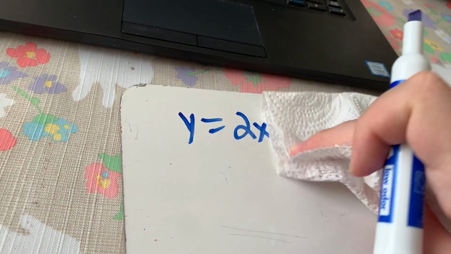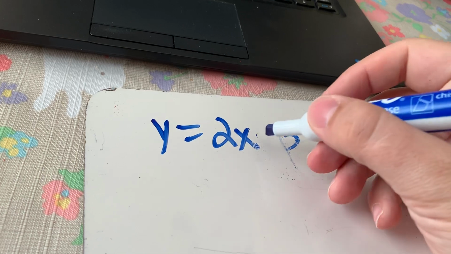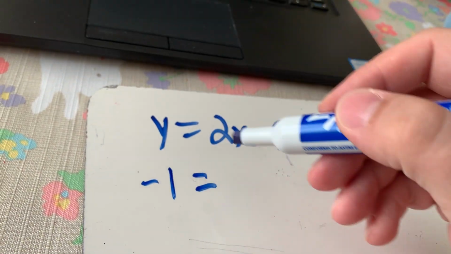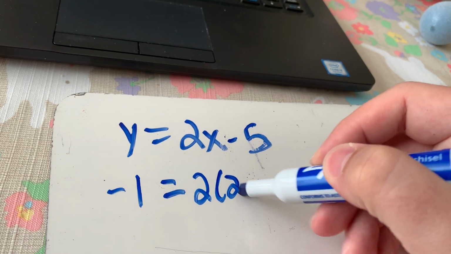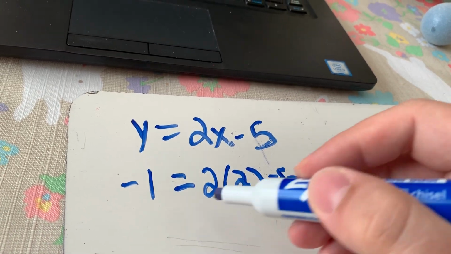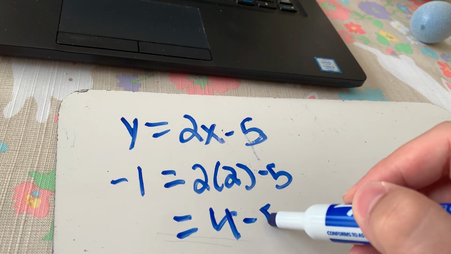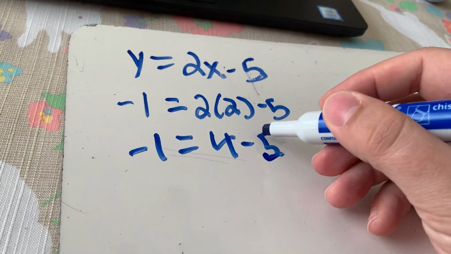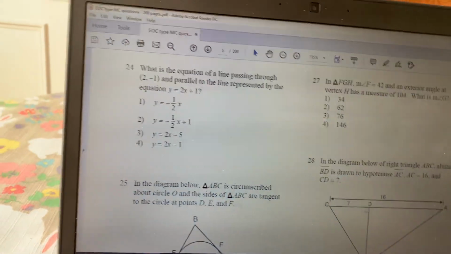I said plus 5, I'm sorry. If I plug in x = 2 and y = -1, I've got 2 times 2, which is 4, minus 5. Is that equal to negative 1? Indeed it is. So it would be answer choice 3.